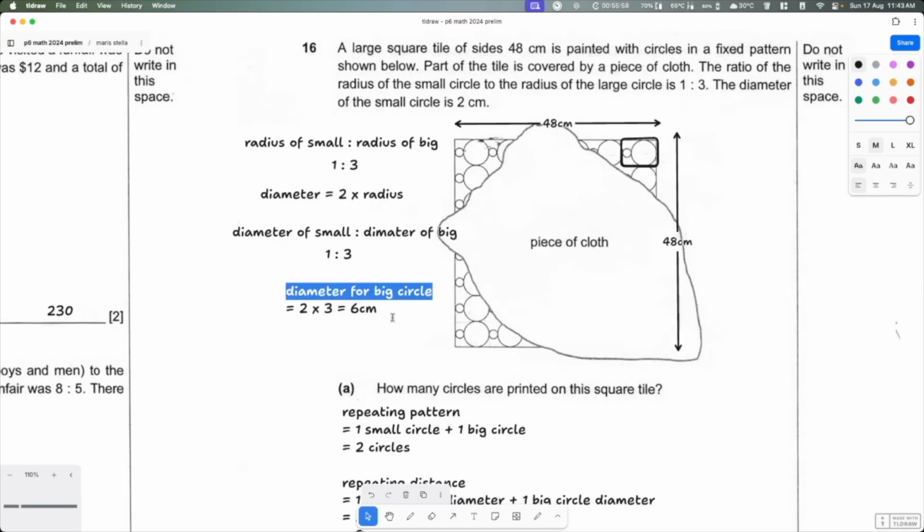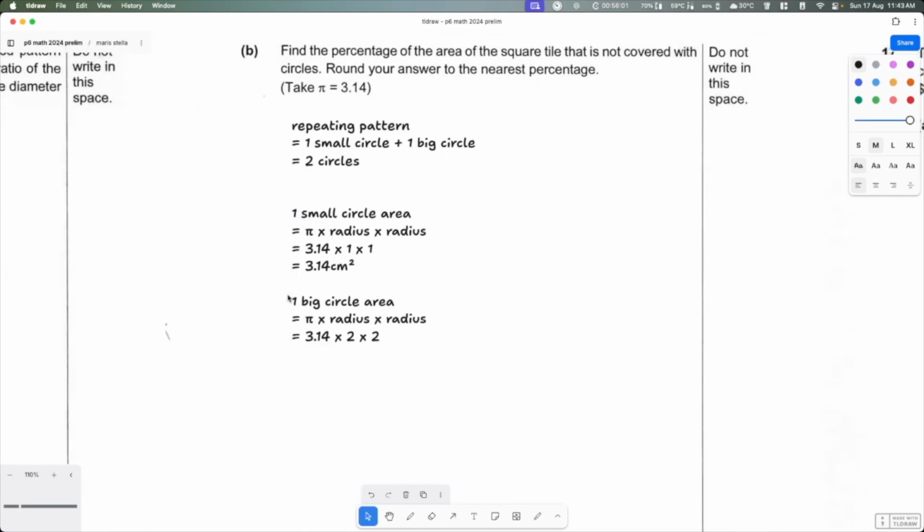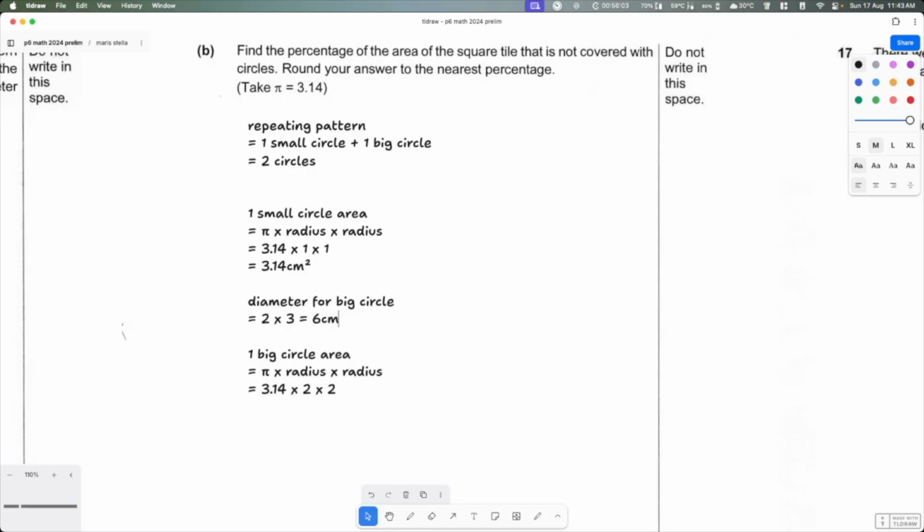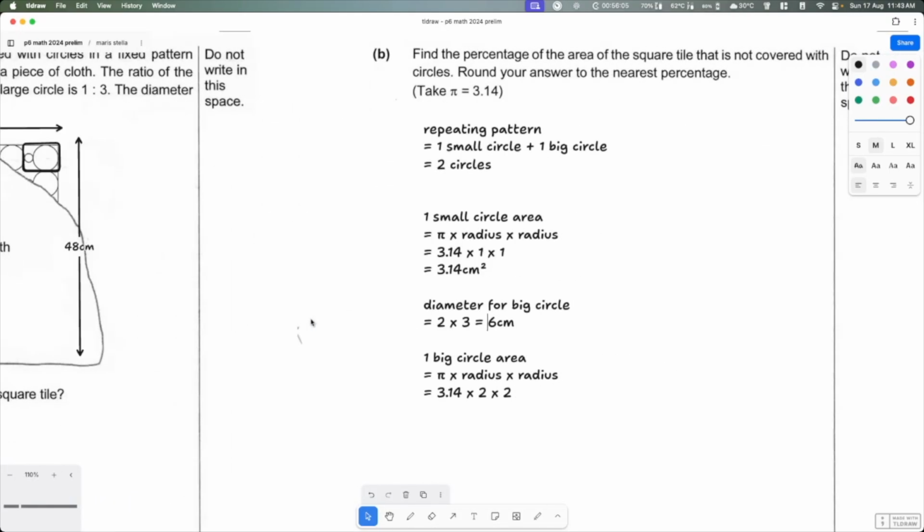The diameter of the big circle is 6 centimeters.